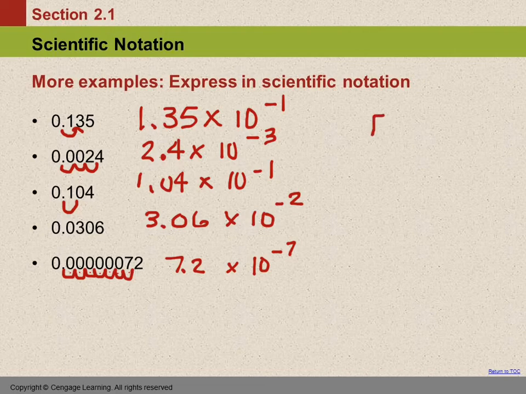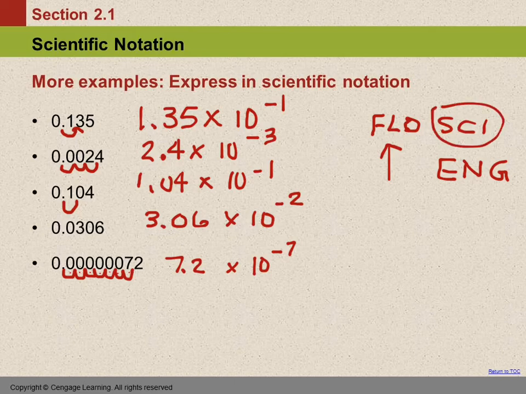If it has buttons that say FLO, SCI, ENG. With some calculators, this is hidden in a menu. Some of them just have it straight out as a second function, like the TI-30XA. FLO will give it to you with a floating decimal point. That means the decimal point could be anywhere. That's the regular decimal notation. SCI will put that number in scientific notation.